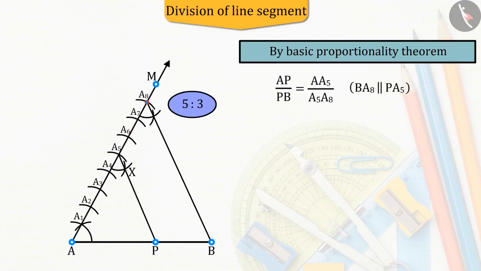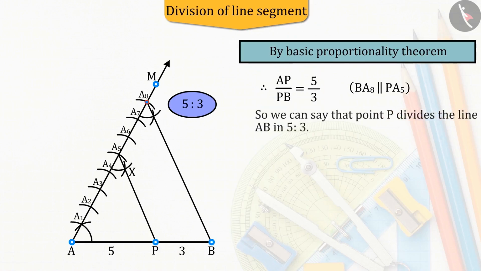Since AA5 over A5A8 is equal to 5/3, therefore AP upon PB will be in the same ratio. So we can say that point P divides segment AB into 5:3. In this way, it is proved that by this construction method, we are able to achieve the desired division.